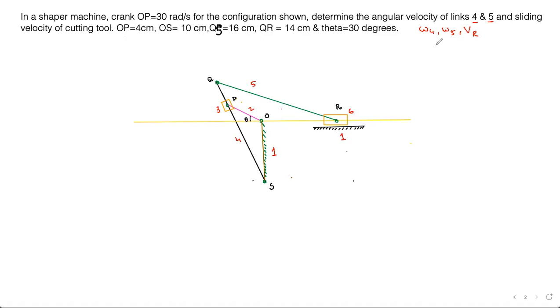So according to our formula, the total number of instantaneous centers is equal to L into L minus 1 by 2, which is 6 into 6 minus 1 by 2. Here, how many instantaneous centers are you getting? Is it 15? Yes, it is 15 instantaneous centers.